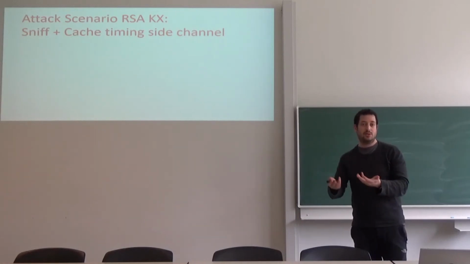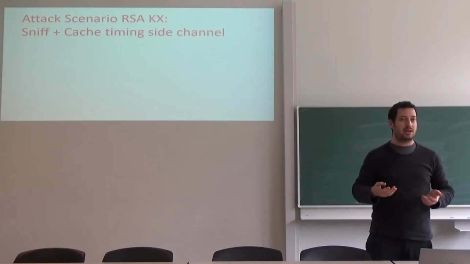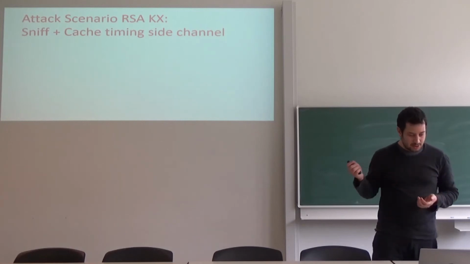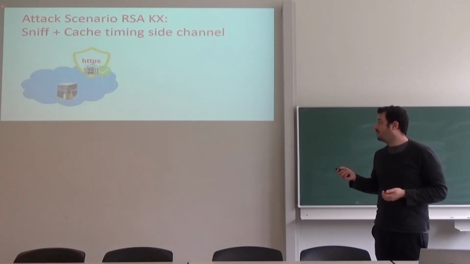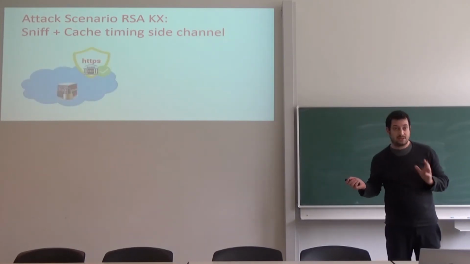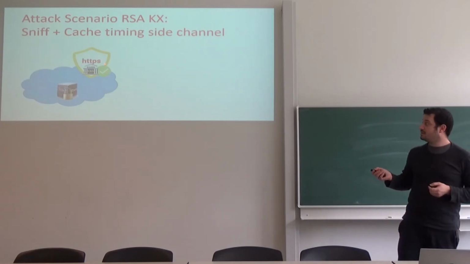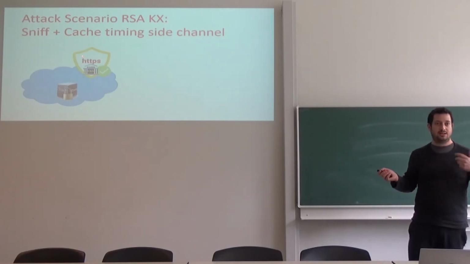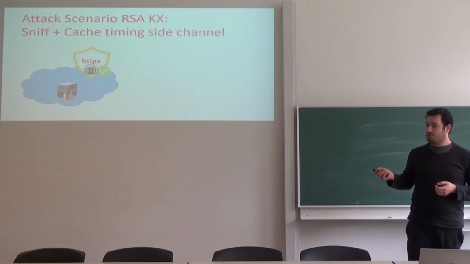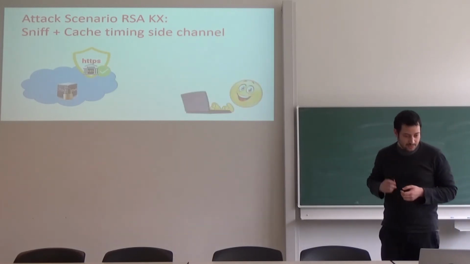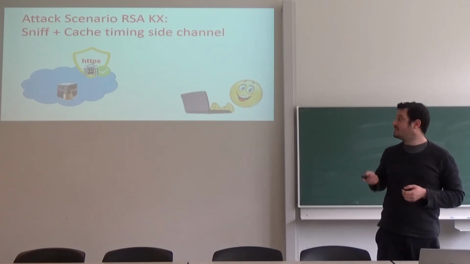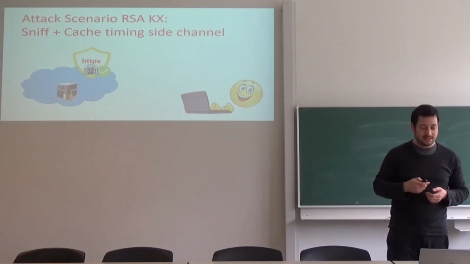Okay, so how do we do it when we want to also use cache-timing side channels? Because we said the way that we can get this oracle now is by using cache attacks. So let's assume that we have a cloud provider, which is very good, very secure, and we have some bank that hosts its HTTPS server on a virtual machine in this cloud. And we have Mr. Smiley here. Mr. Smiley wants to connect to the TLS server.